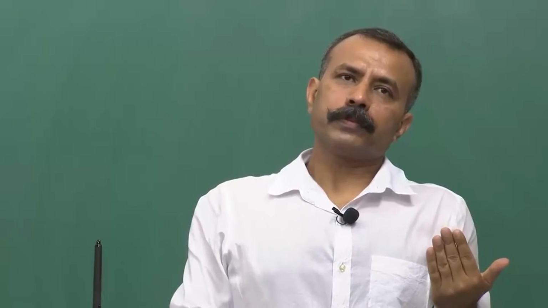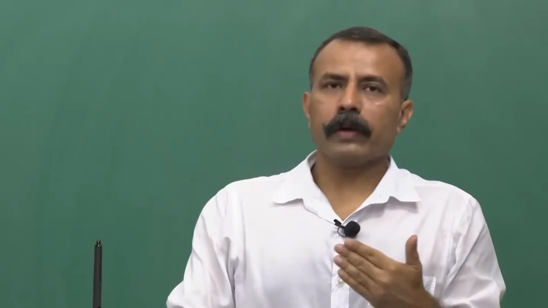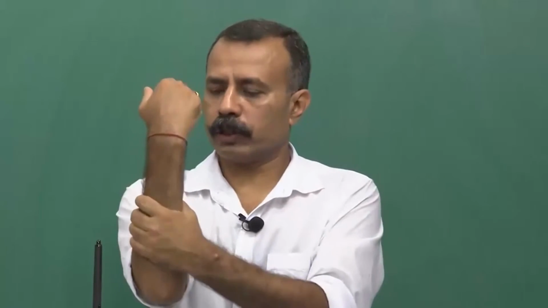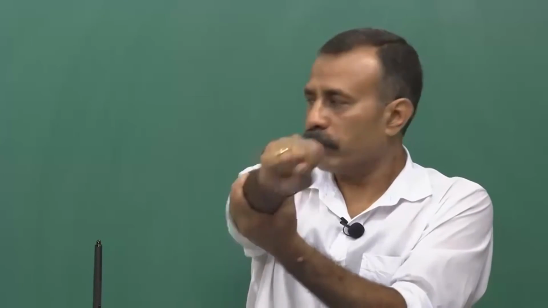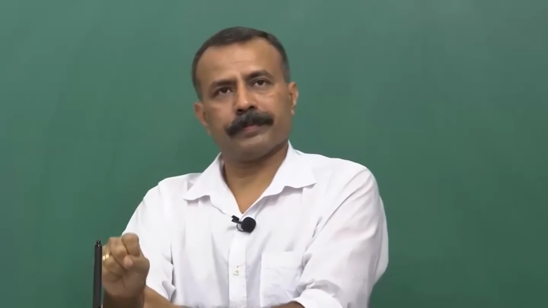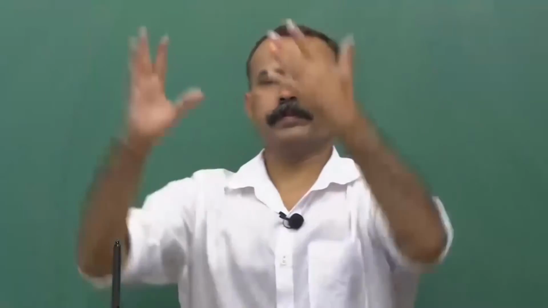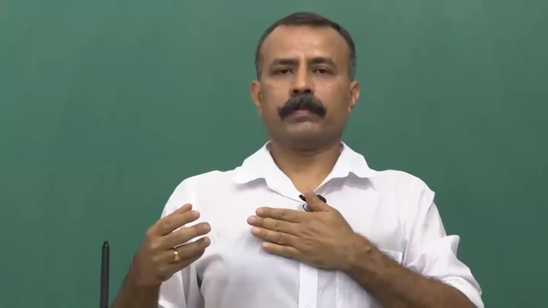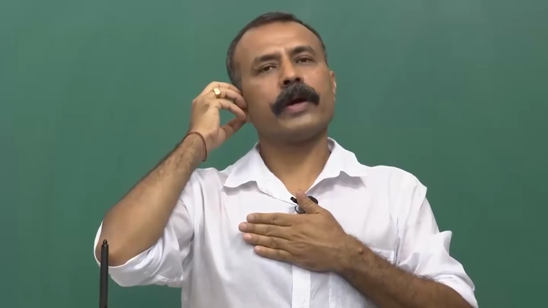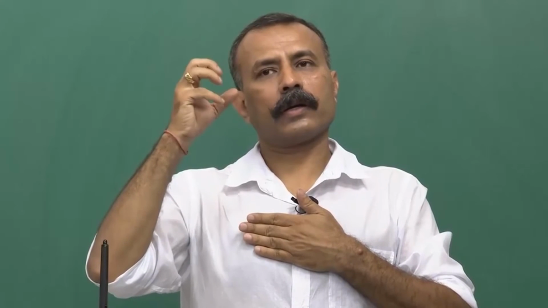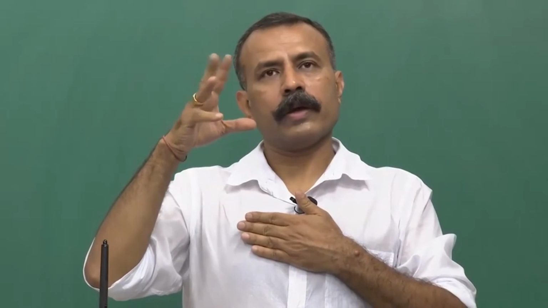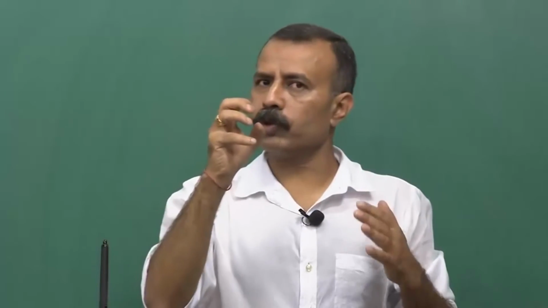Now, compare the amount of force you exert using these muscles to the way your heart beats. For example, go to a very silent room, take a stethoscope, place it here and try to hear the sound, tuck, tuck, tuck, tuck. It will seem as if something is beating like this.